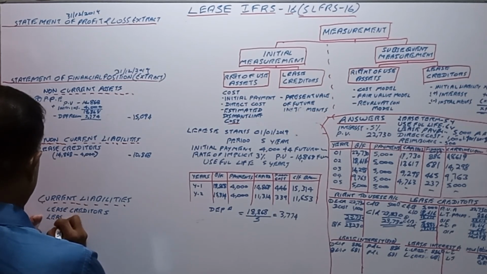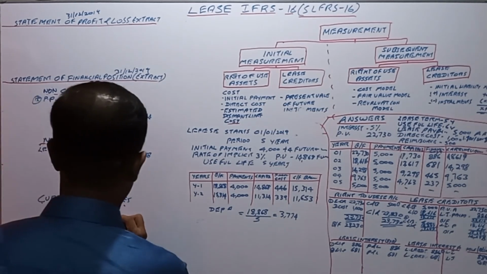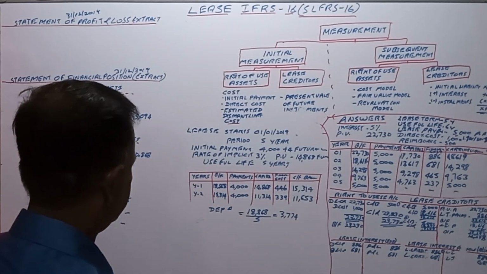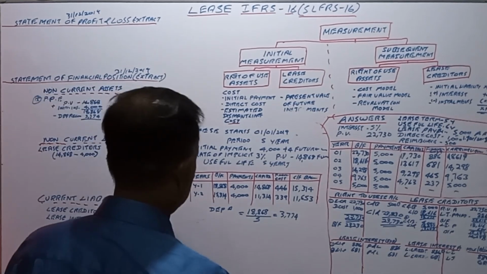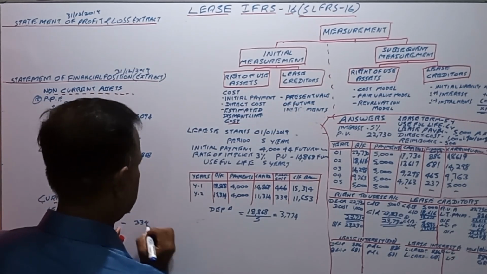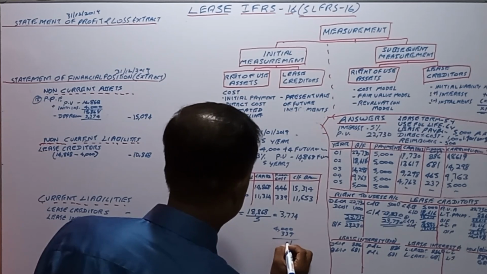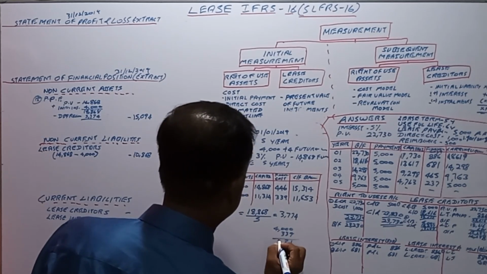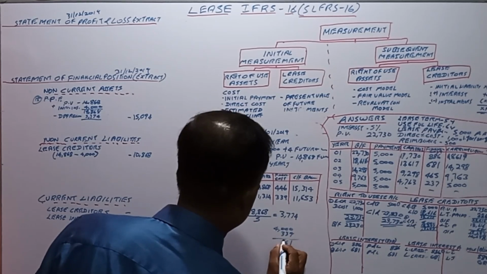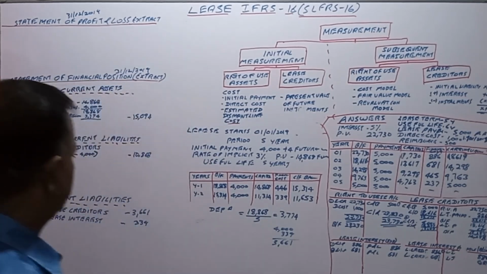Lease interest is 339. 4,000 minus 339 is 3,661.